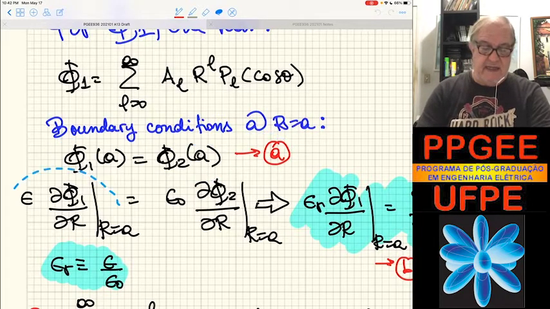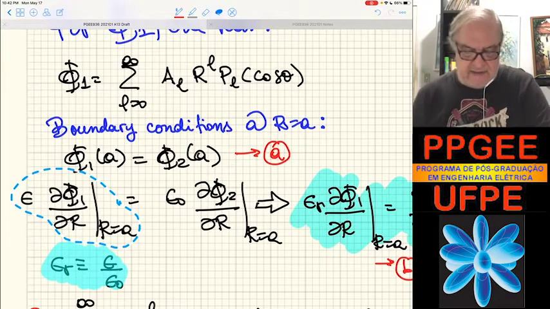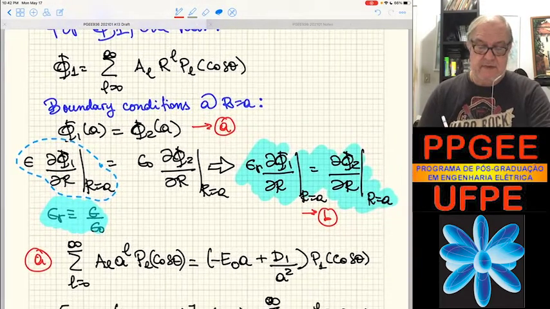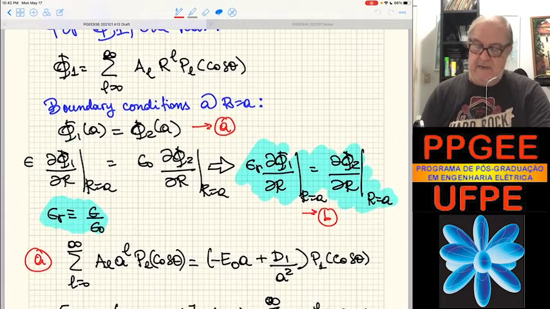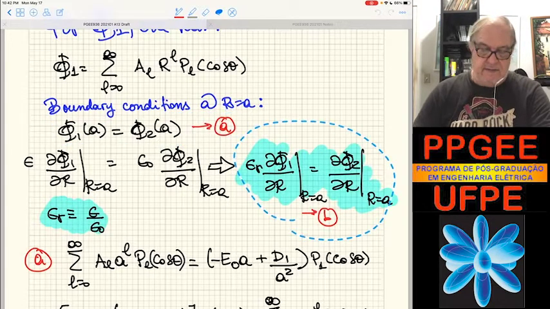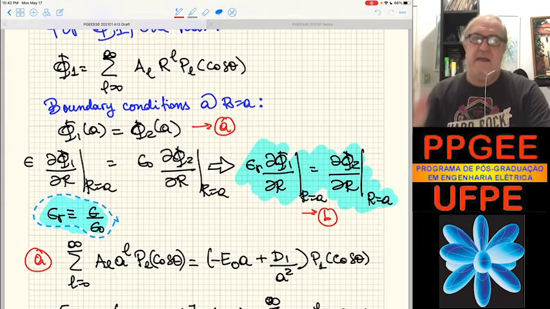The other is continuity of the normal component of the flux density vector. One is equation A, the second is equation B, given here. We define the relative permittivity of the spherical material.